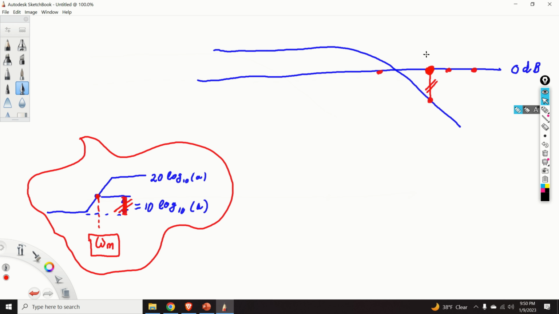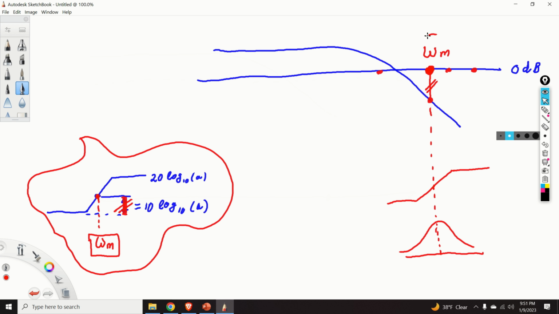So if we choose our omega m here, the effect is the following one. We will basically achieve that once we add a compensator whose omega m is located over here, the phase margin is precisely added at this frequency.